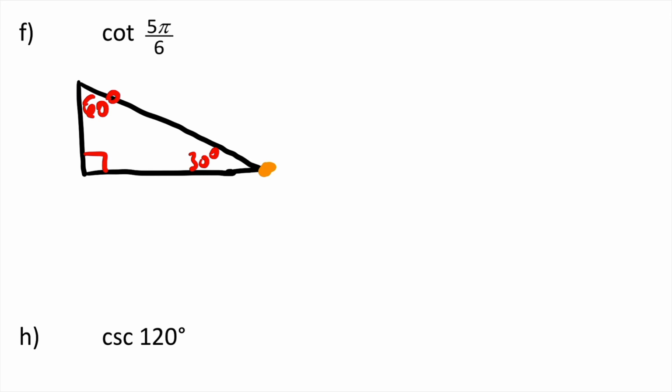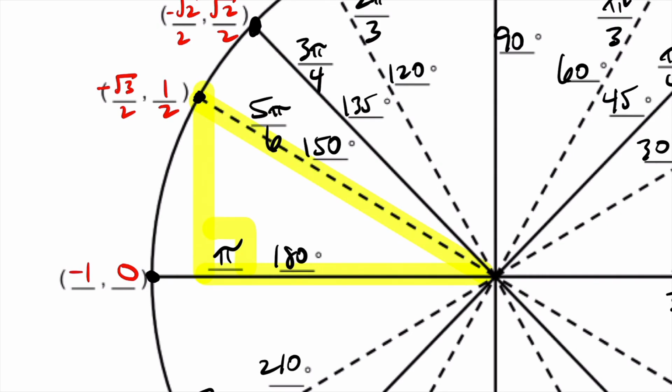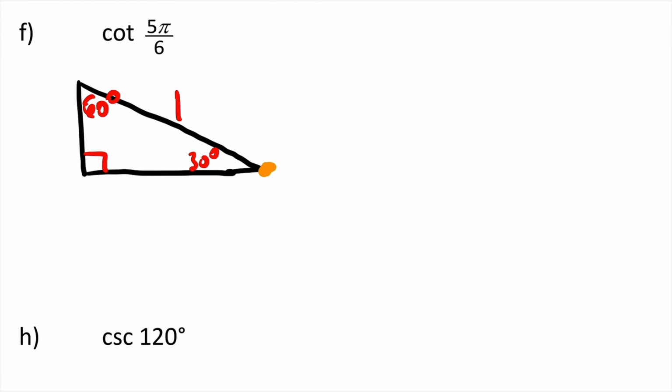Okay. Hypotenuse is 1. Okay, so let me get the other sides now. The base is right here. Base is the x, how wide it is. Square root of 3 over 2 is the base.